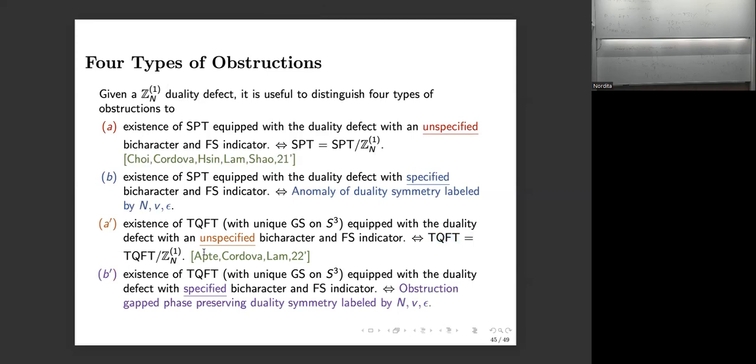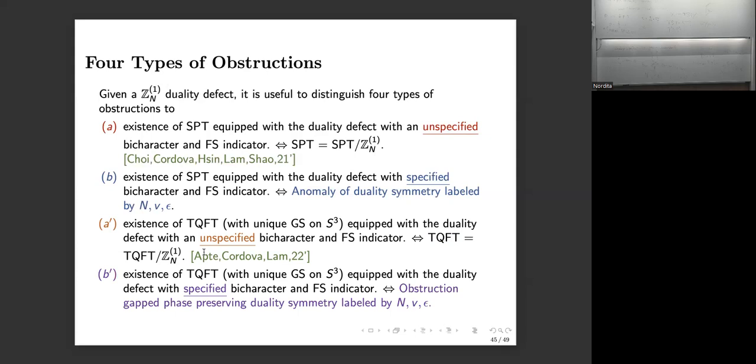And the last question we can ask is whether there exists a TQFT, with the specified choice of the bicharacter and the Frobenius-Schur indicator. So these are the 4 different questions. They are intimately related. The questions A and A prime are easier to study and have been studied in the literature.